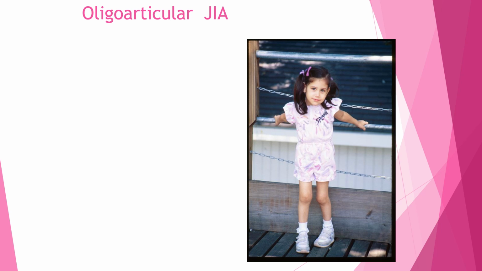I started with this photo of this child, a girl of around 4 to 5 years. You should remember this photo of this little girl because it will remind you of all the criteria of oligo-articular JIA. Oligo-articular JIA is more common among females, more common among young ages from 1 to 4 years, and more common to affect only one joint.